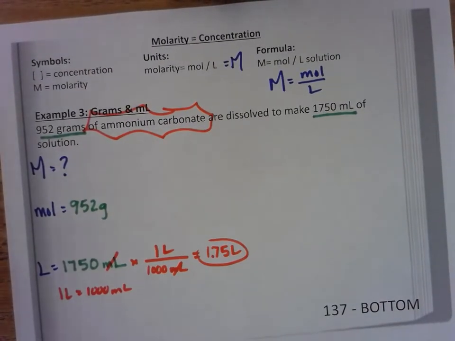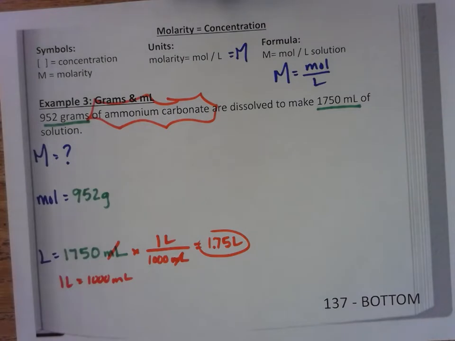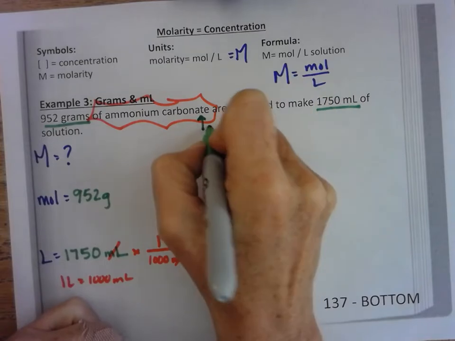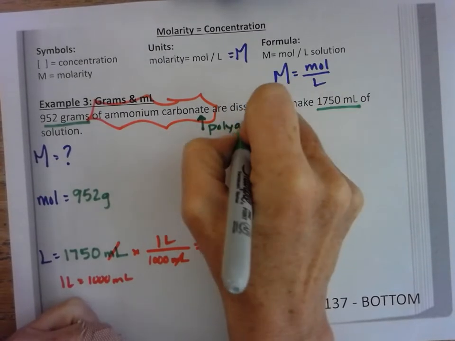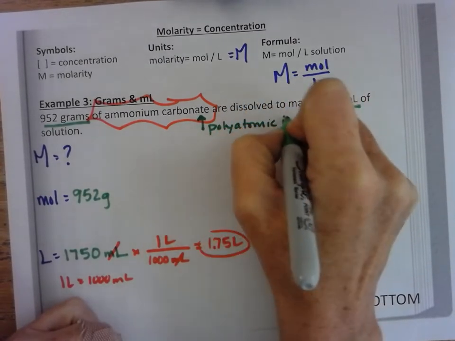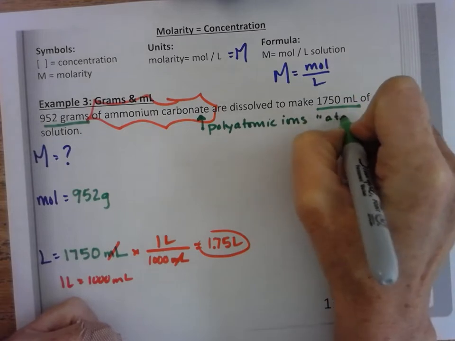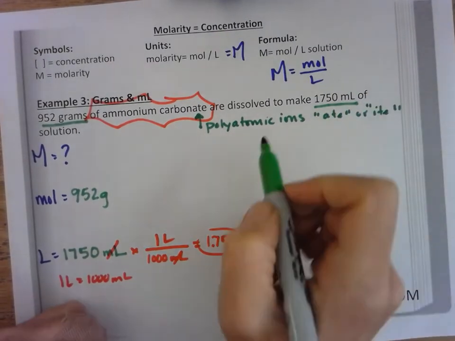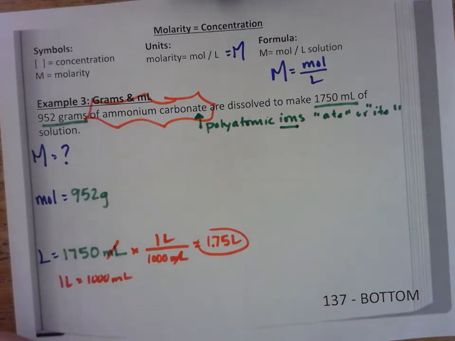I won't find it on the periodic table, but the ending here, carbonate, ATE, should be giving you some ideas, right? So this ending is for polyatomic ions. We end in ate or ite. So if it's a polyatomic ion, it's got to be ionic.